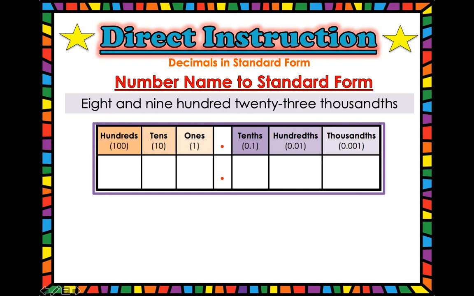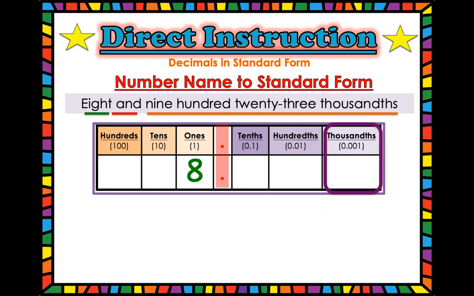And how do we know what number is going to go there? Because it says it here. 3. Okay? So if 8 and is like the decimal, 923 thousandths. Okay, and remember you've got to say that "th" so we can distinguish between thousand and thousandths.